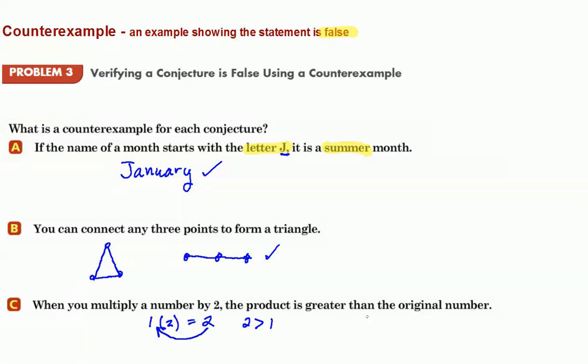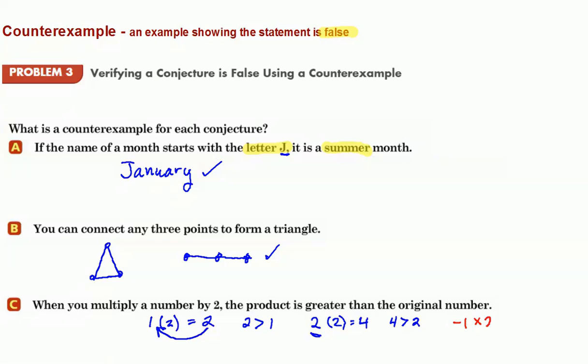Let's try another one. 2 times 2 is 4. This statement is true because the product, which is a 4, is greater than the number, which is the 2 that we started with. But now let's think of a counterexample.